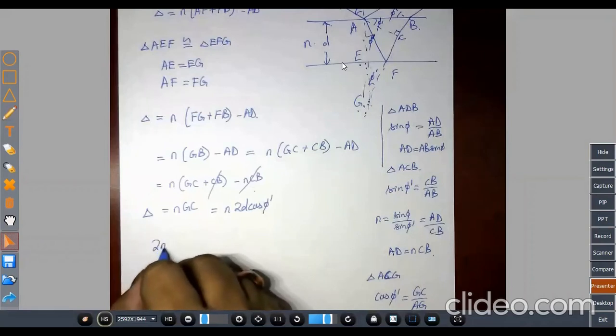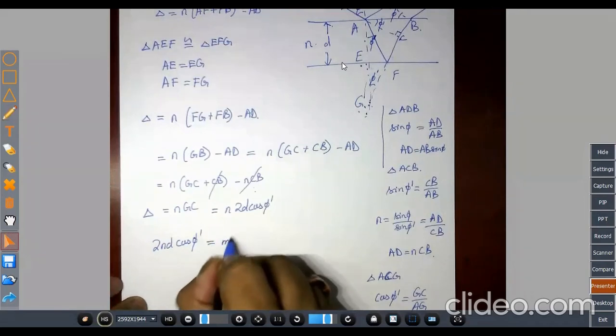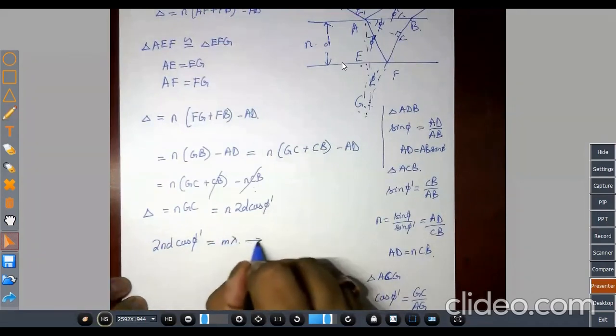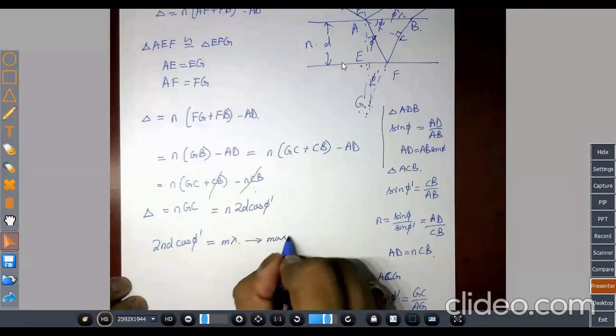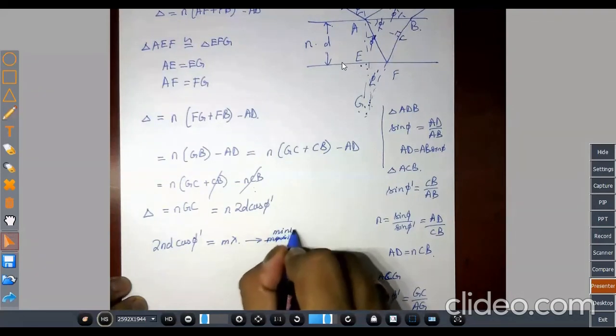Now when this path difference is equal to a whole number of wavelengths, a multiple of the wavelength, then this will give me minima.